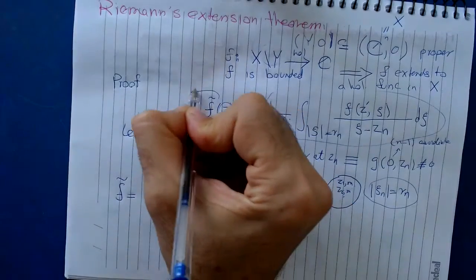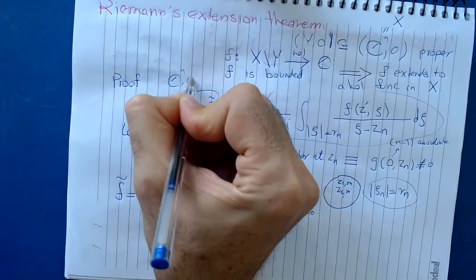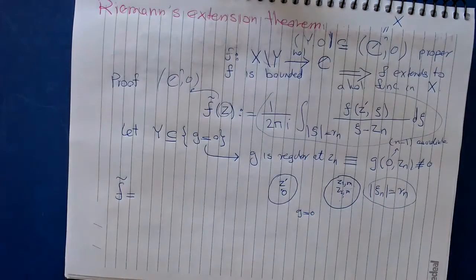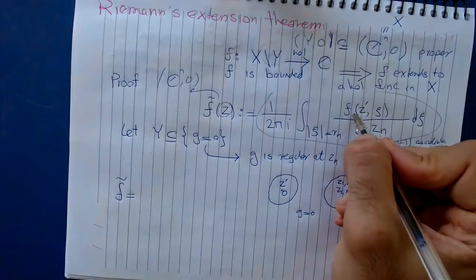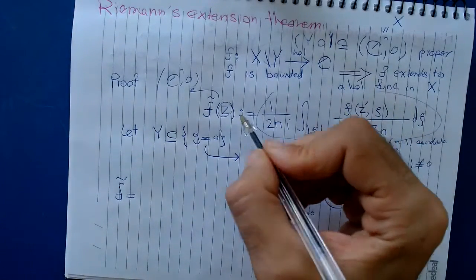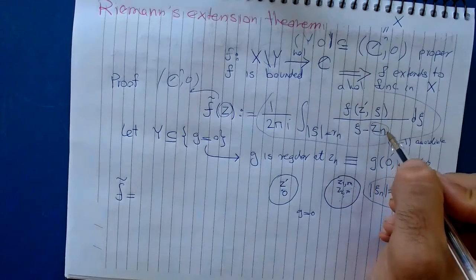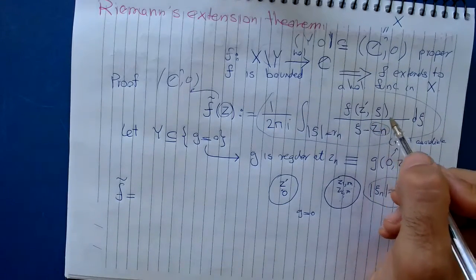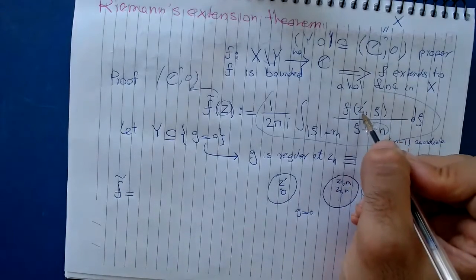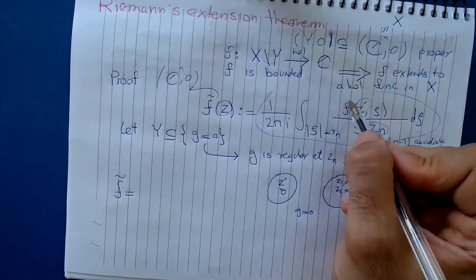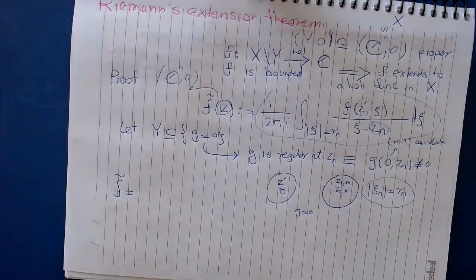And this is a holomorphic function in Cn, 0, because f is holomorphic in zn, since zn just appears inside the integrand, and it is holomorphic in z prime because f itself is.